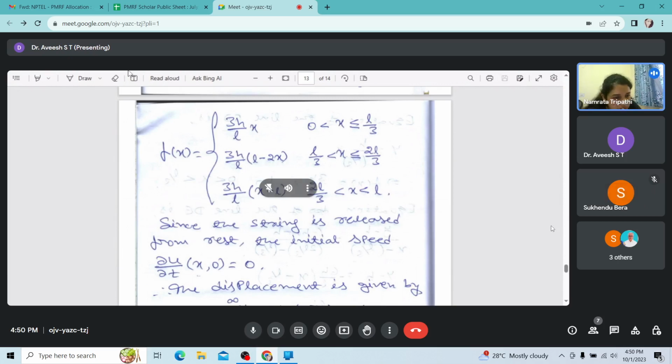Are you clear, Sukhendu? Ma'am, in the last question, the last part says that it is to be shown that the midpoint is at rest. Ma'am, the voice is breaking actually, please see the last question.